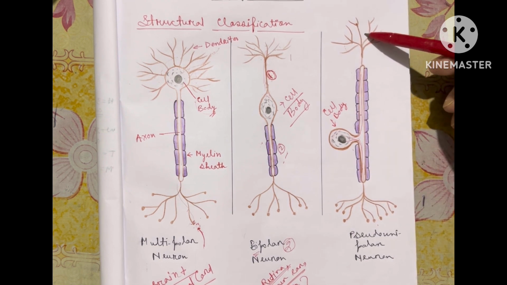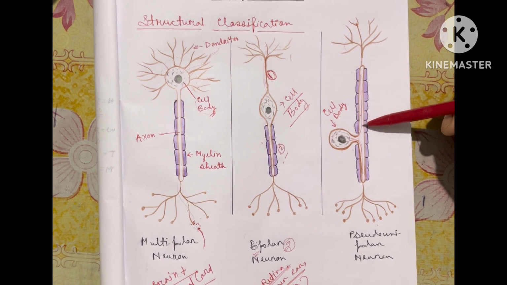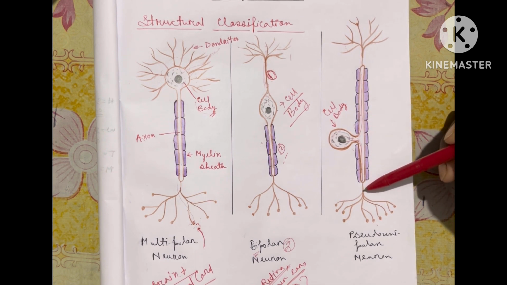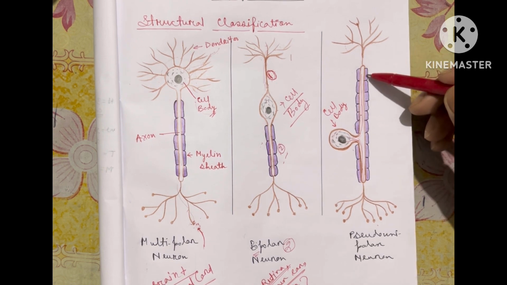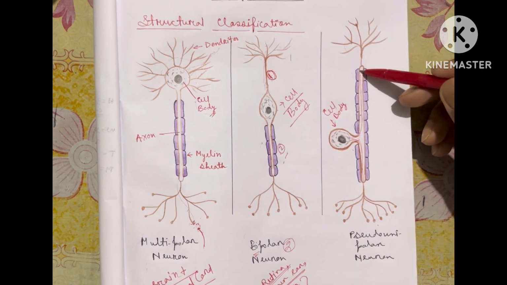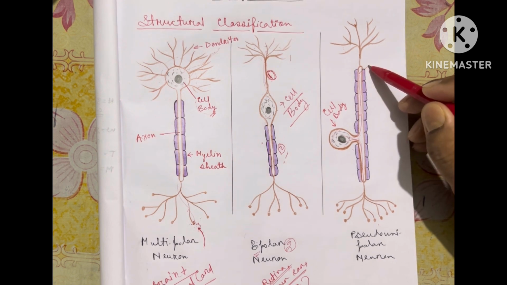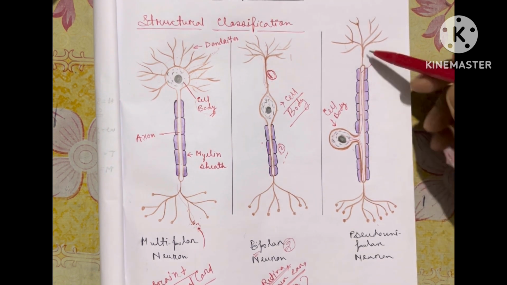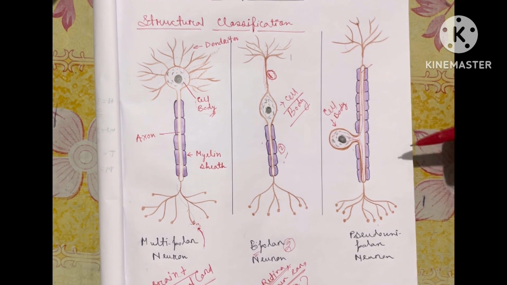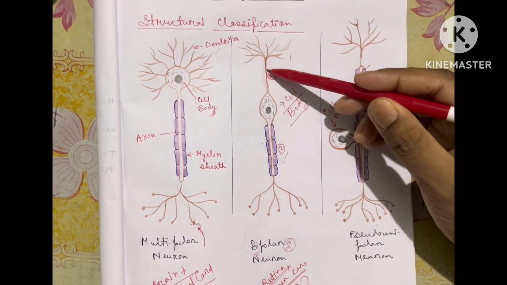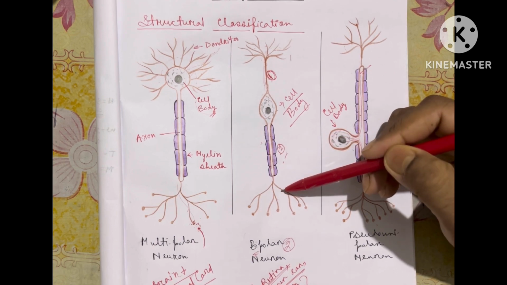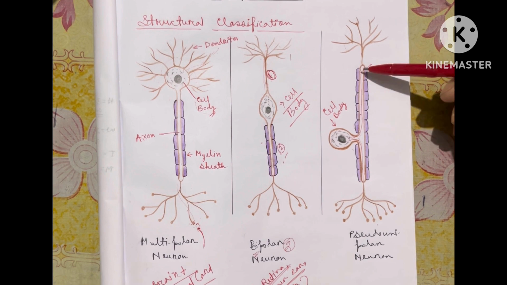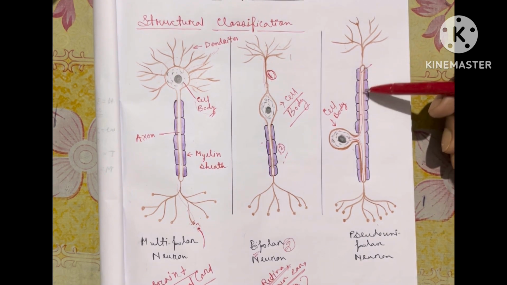When the signal is received, it comes through this direction and then goes directly towards the axon. So here we are not going to discuss it as a separate dendritic extension. We are going to consider it as only one axon which has dendrites.